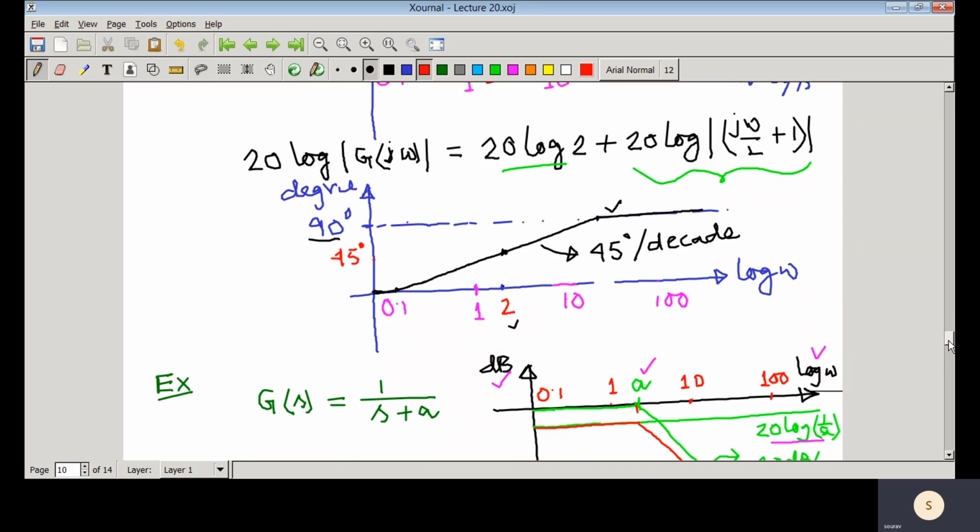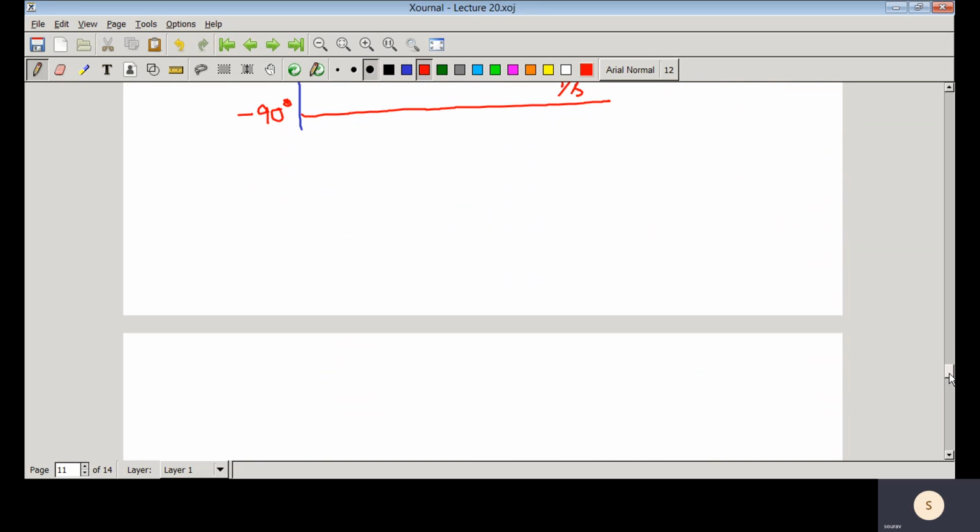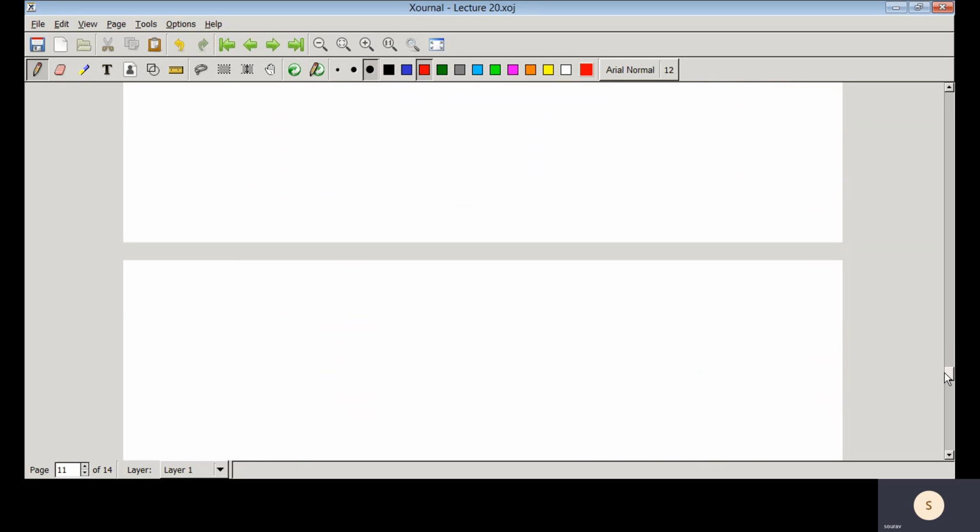Now let us see, suppose one transfer function is given. So that one is, suppose the transfer function, we take one example, that is G(S).